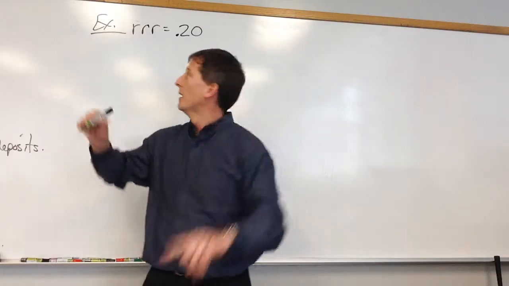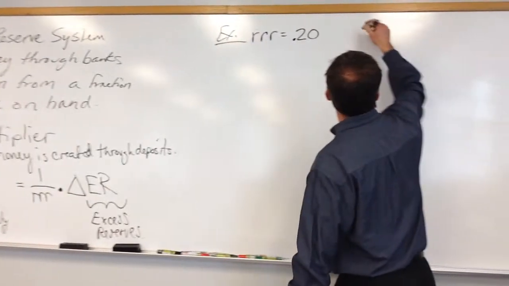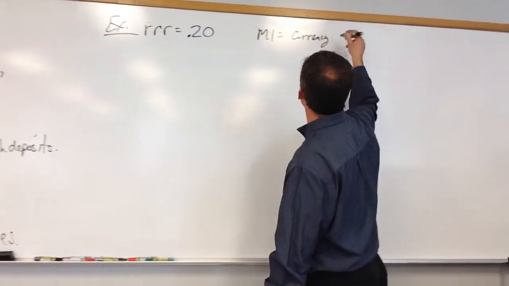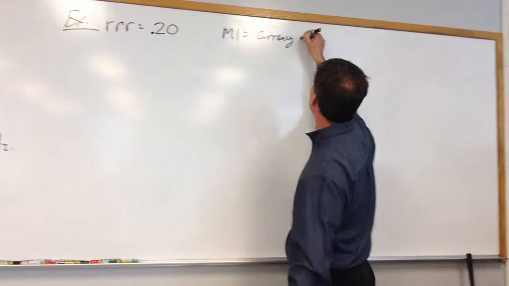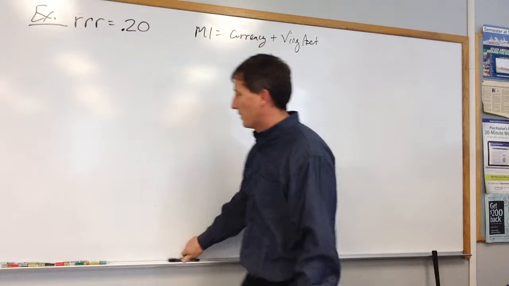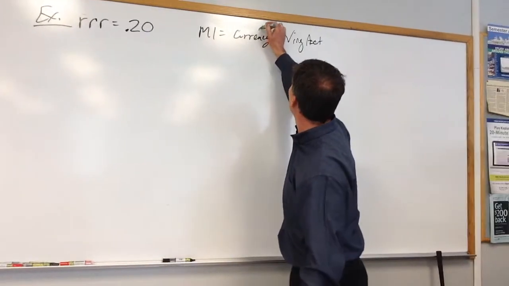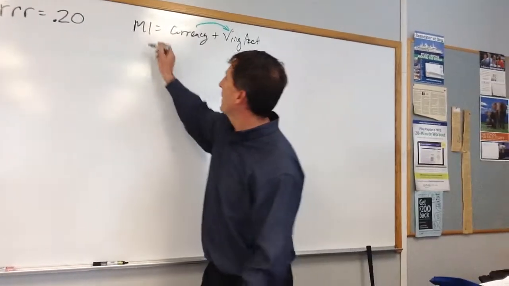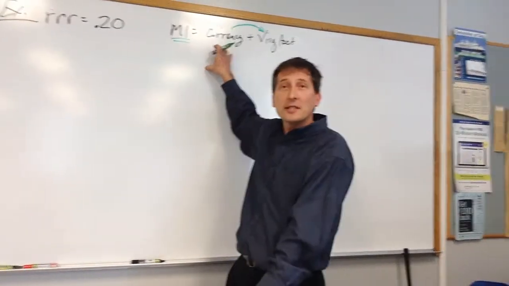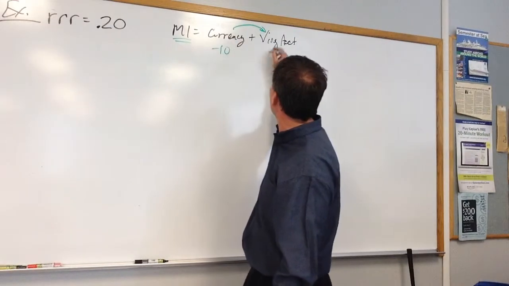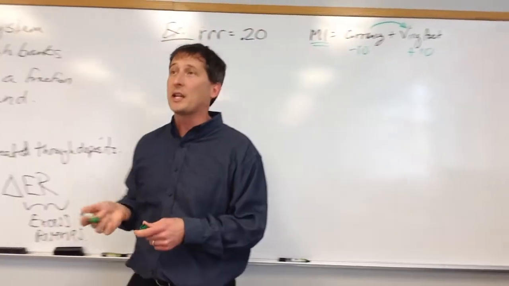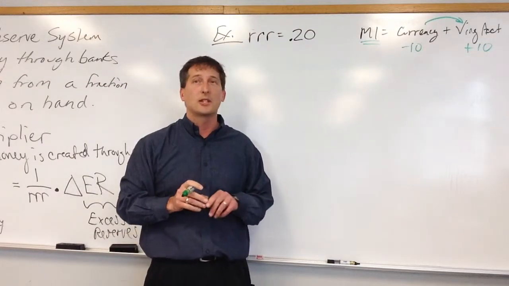No, because M1 equals currency in circulation in the hands of the public, but not necessarily in the hands, it could be in a shoebox, plus checking account deposits. And so if Brandon found the cash and put it here, the level of M1 didn't change at all. We used to have 10,000 in this category. We minus 10 and then we plus 10. All we did is we transferred it, so the money supply was unchanged by that change in the composition.